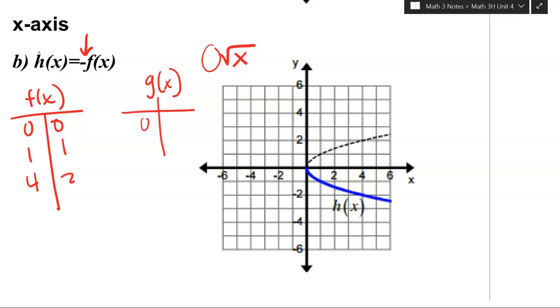All right, so we have 0, 0, and then 1, and then we're going to do a negative square root of 1. So the negative is on the outside. So that's going to be negative 1. And then if we do 4, so negative square root of 4 is going to be negative 2 because the negative is on the outside. So notice how it flips that there. So x-axis reflect is going to affect your y values.